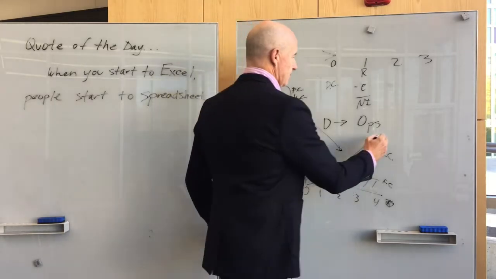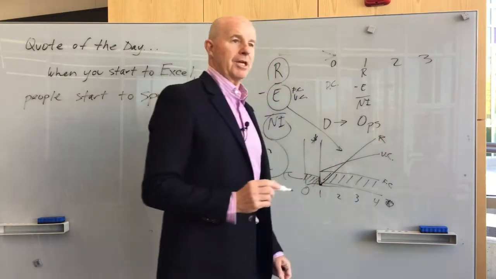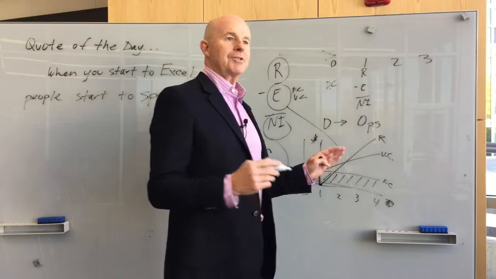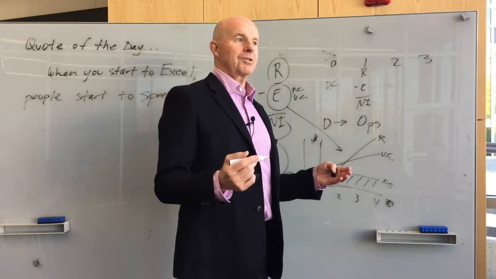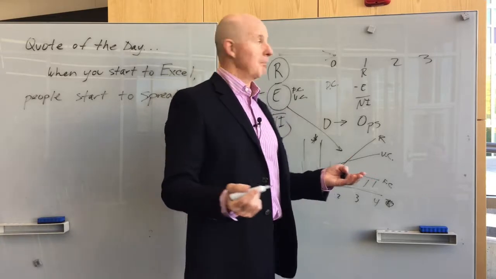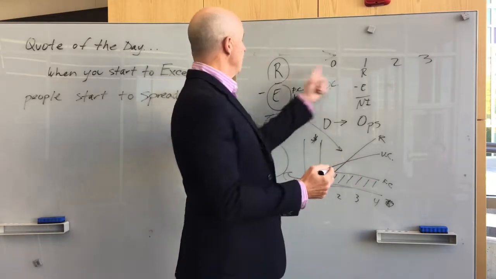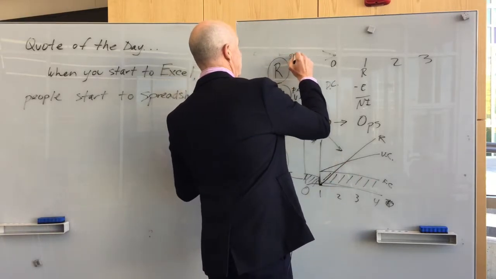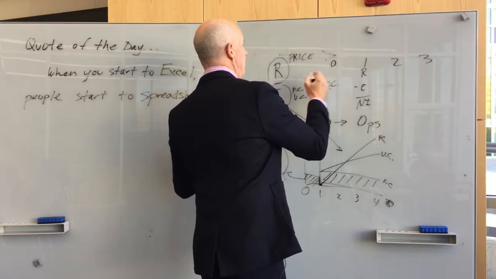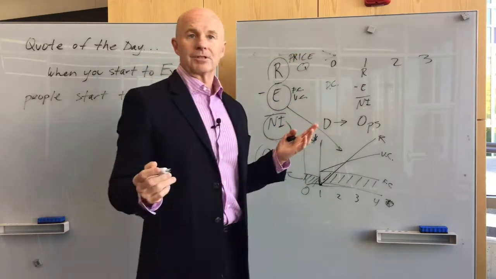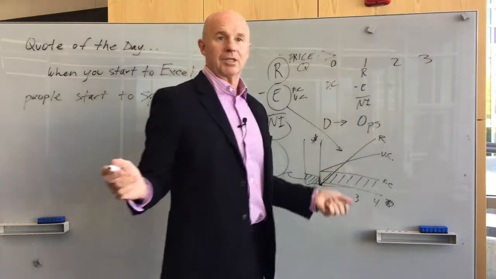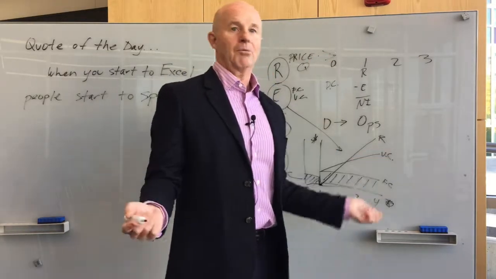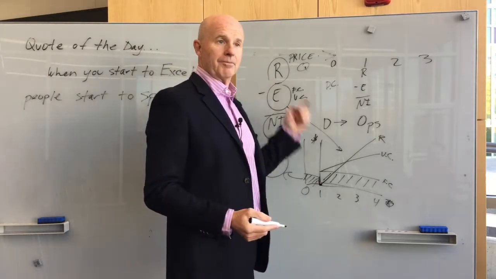For each sale, at the end of the day, you want to sell something, so you're pricing it. Pricing is the key for revenues. What price are you going to sell at, and then quantity, how many are you going to sell? And what is revenue but price times quantity? How many you sell at what price, and that gives you your revenue.